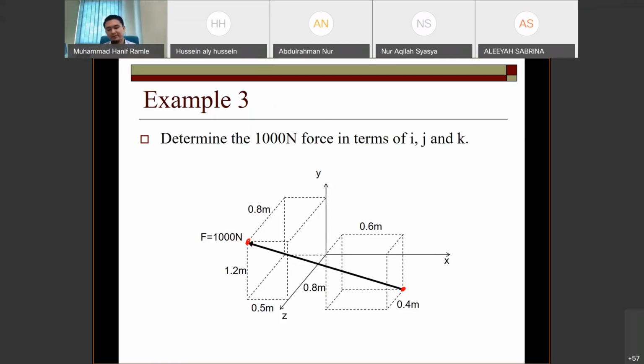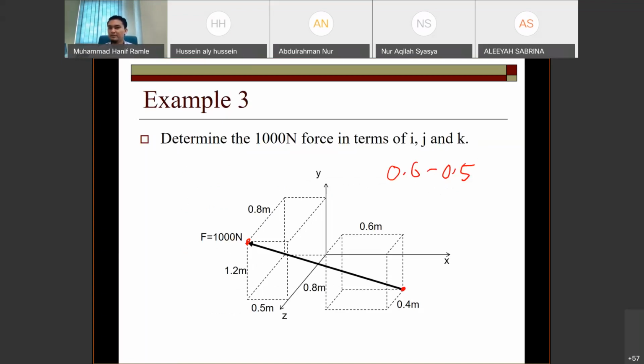Okay, 0.6 plus 0.5, yeah? Okay, correct. 0.6 plus 0.5, and the sign should be... the sign, the direction. 0.6, I think minus 0.5. 0.6 minus 0.5, like this.